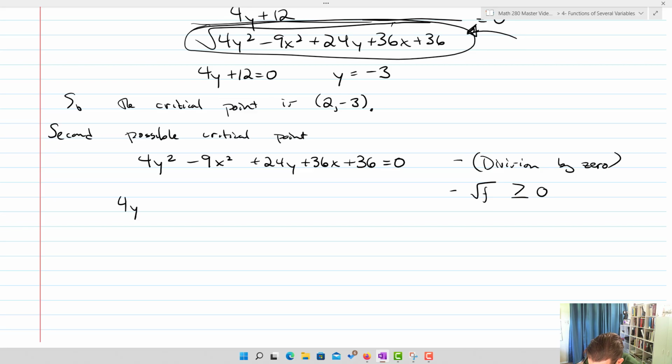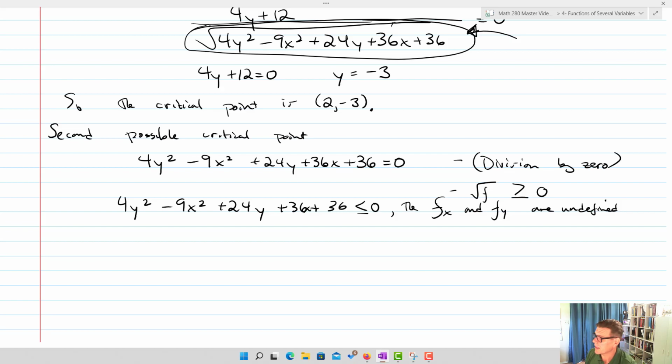So when 4y squared minus 9x squared plus 24y plus 36x plus 36 is less than or equal to 0, the function, our partial with respect to x, and our partial with respect to y are undefined. Now we're going to have to do some thinking here, because it turns out that this is a function with multiple values of x and y. What I'm going to do here is go, all right, I've got 4y squared minus 9x squared plus 24y plus 36x is less than or equal to negative 36.